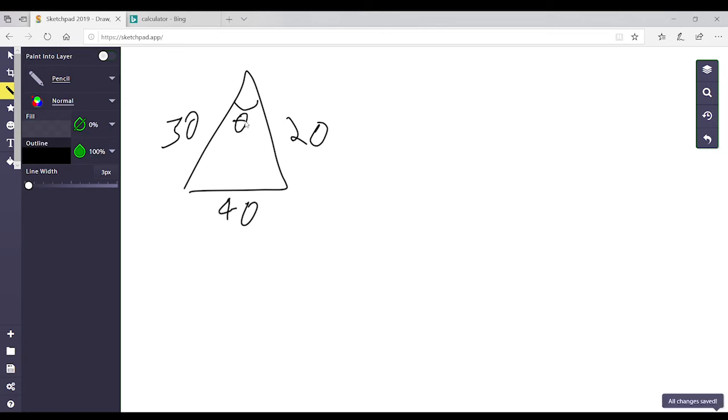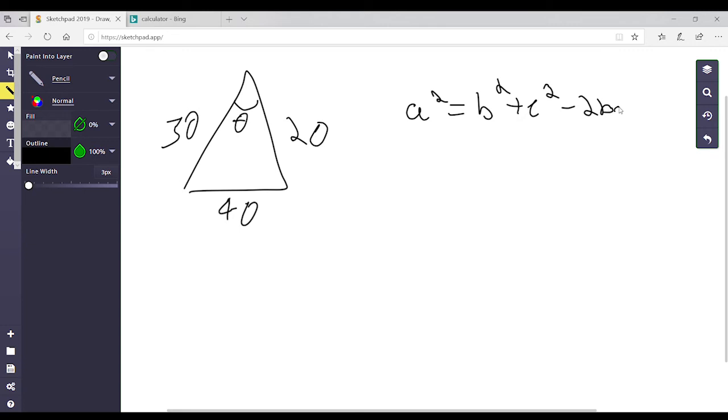Okay, so let's just rewrite the cosine law. We have a squared will equal, sorry, I'm using lowercase now. It really doesn't matter, but I'm just going to use lowercase now, b squared plus c squared minus 2bc times the cosine of, well, in this case we used theta, so we didn't use the letters.